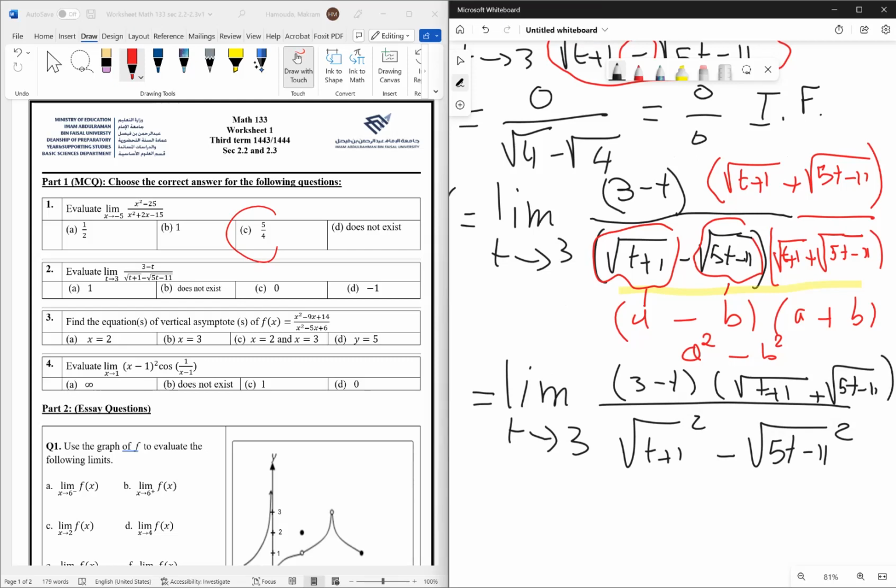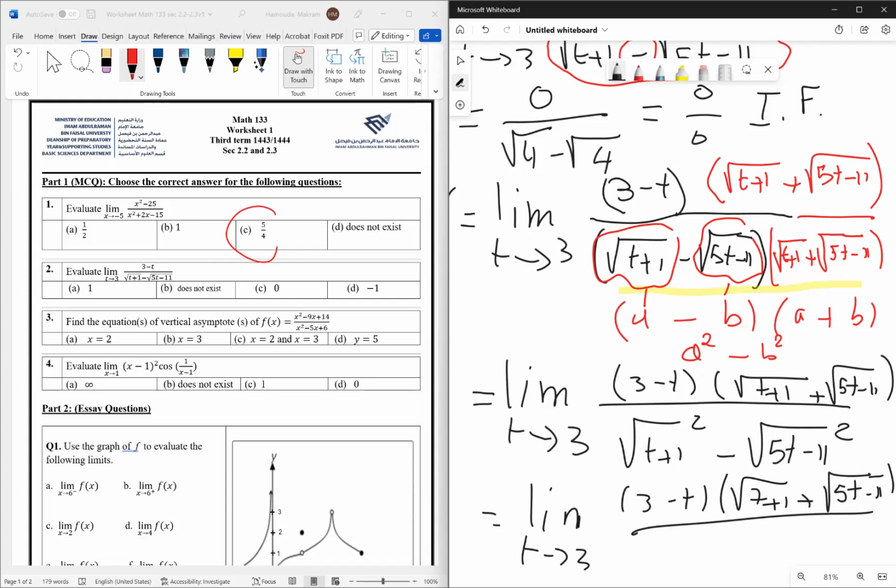Now, what happens in the denominator? We'll get this square root disappeared because we have the square. So limit t approaches 3, 3 minus t times root t plus 1 plus root 5t minus 11 over.